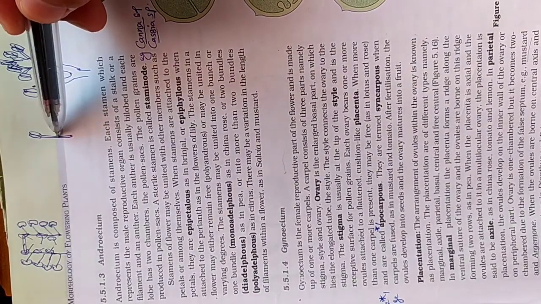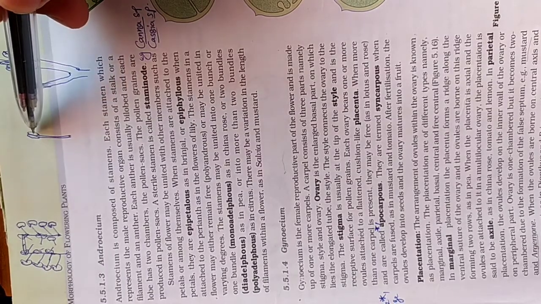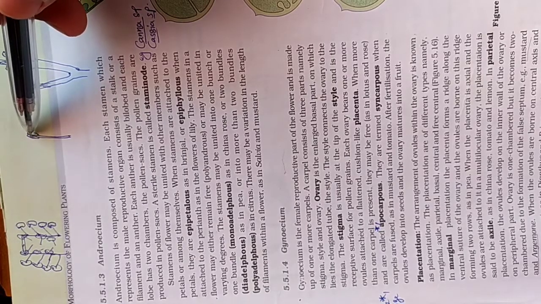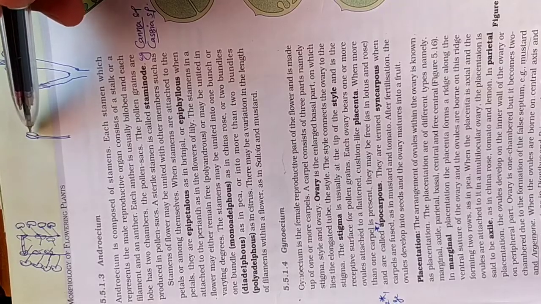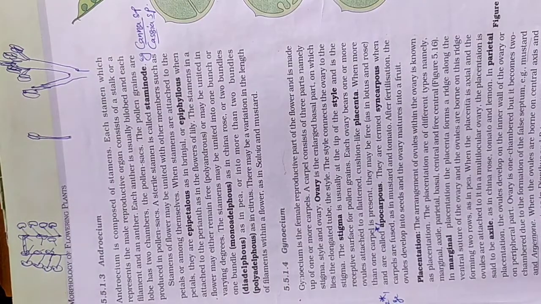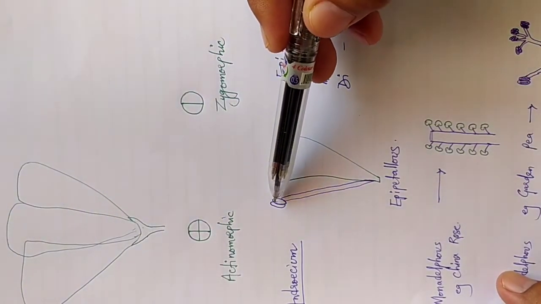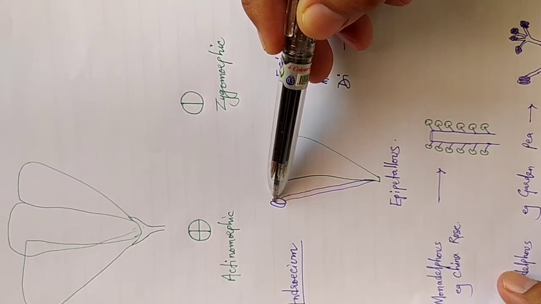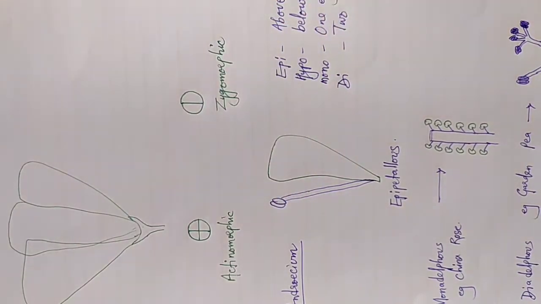So this is the stalk, or the filament, and this is the anther on the top. Inside this anther we find the pollen grains. This anther is usually bilobed, meaning it has 2 lobes. So there are 2 lobes.